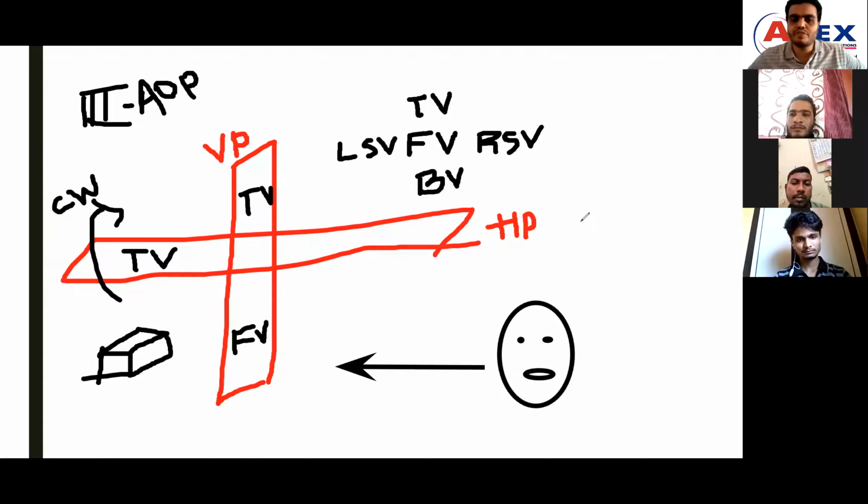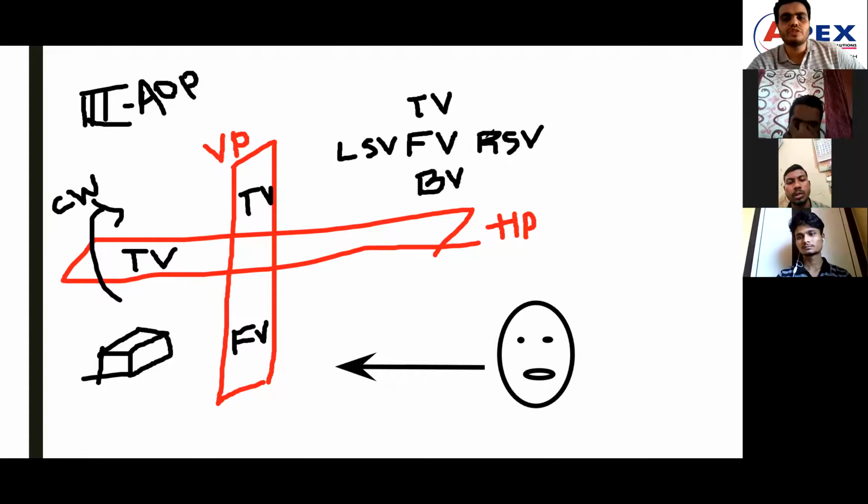In first angle of projection, the object is placed in between the plane and the observer, and the object is placed in the first quadrant. In third angle of projection, the object is placed in the third quadrant, and the plane is placed in between the object and the observer. In first angle of projection, the top view will be in the bottom side, the bottom view in the top side, and left and right side views are swapped.